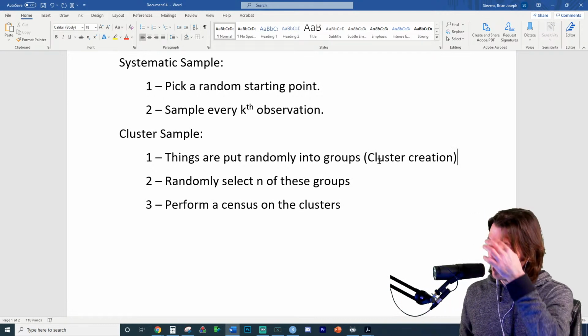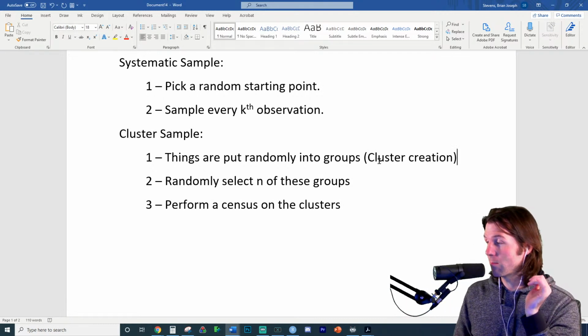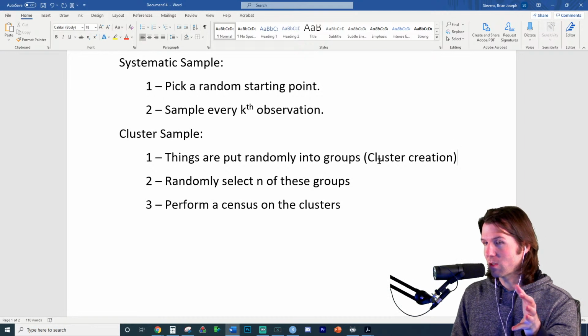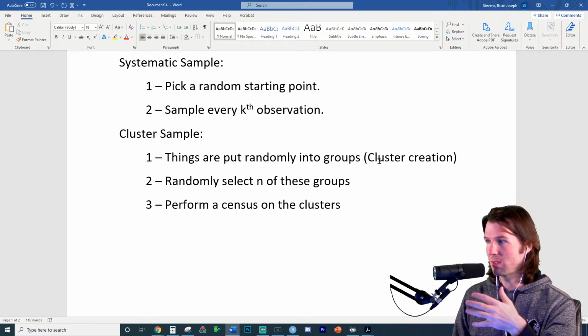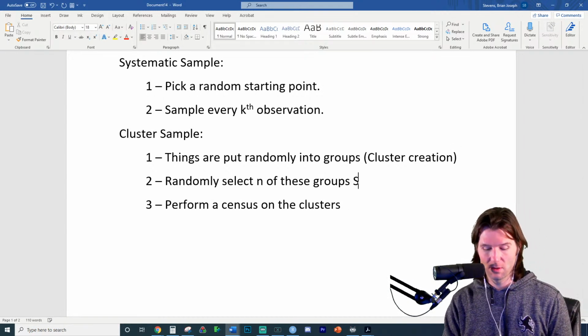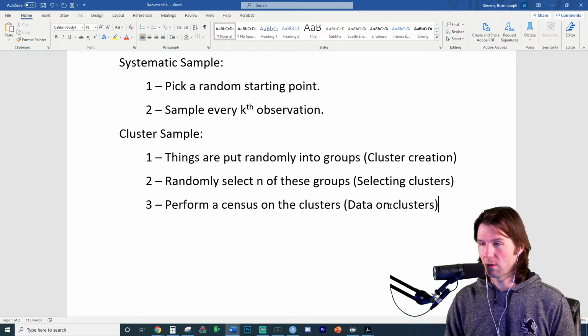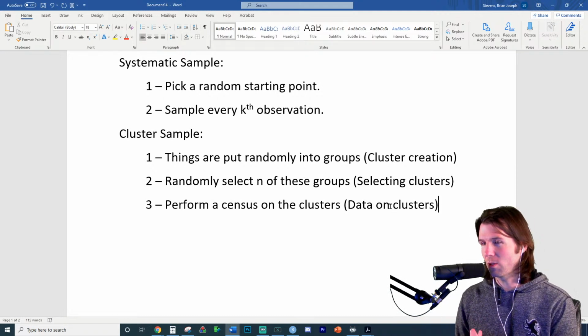And then you're going to take maybe 20 bags of M&Ms to see the quality of the M&Ms. So when you take the 20 bags of M&Ms, this is selecting clusters. And then right here, data on clusters. This is where you take your data on clusters. So you don't really create the clusters yourself. They're kind of randomly put by the population.